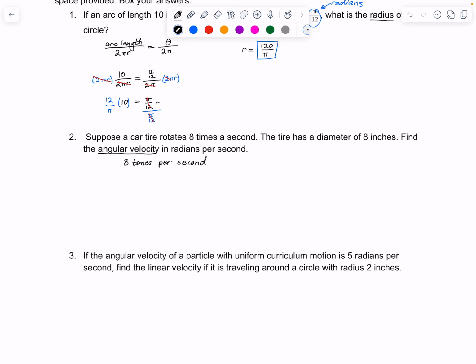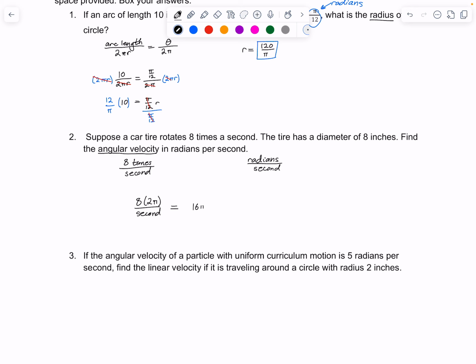And angular velocity is always measured in radians per second. So actually, I wrote out the word per, but I really could have written it like this. Per is just division. So 8 rotations is going to be 8 times 2 pi radians, because each rotation is 2 pi. And that actually should be the angular velocity.